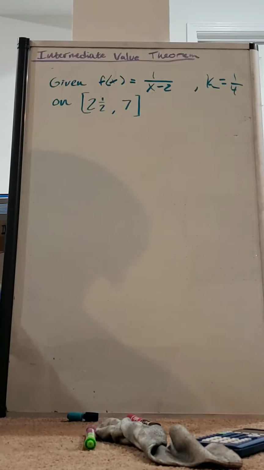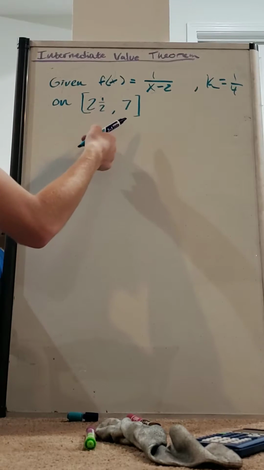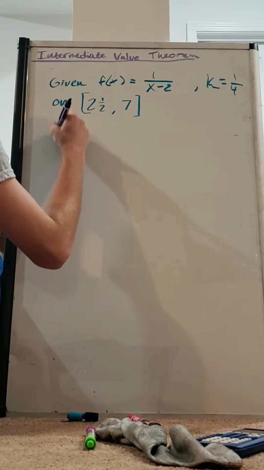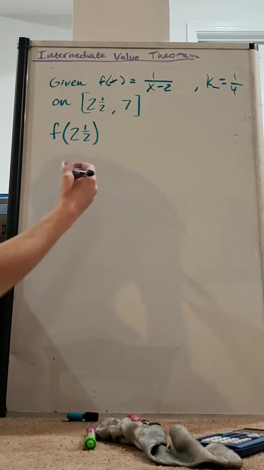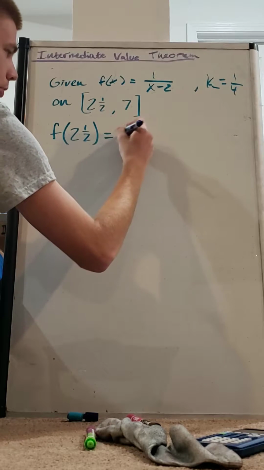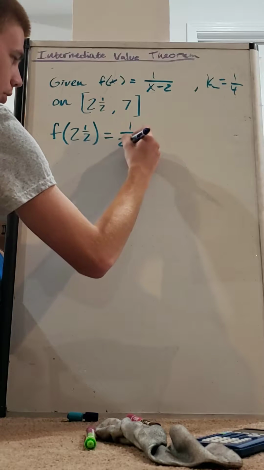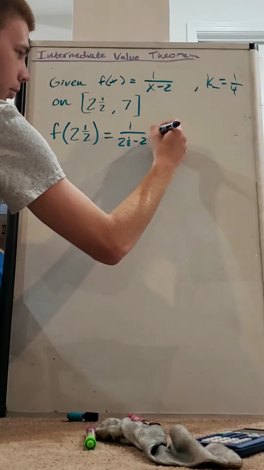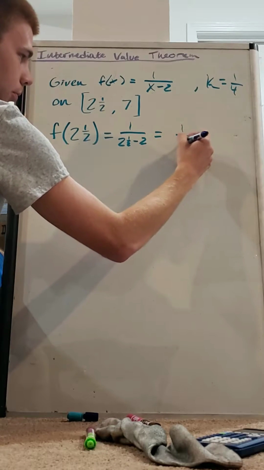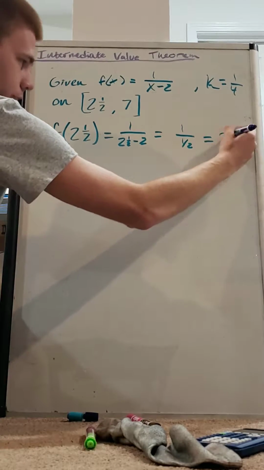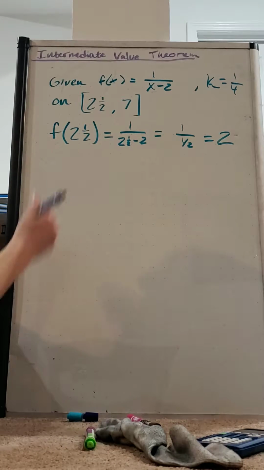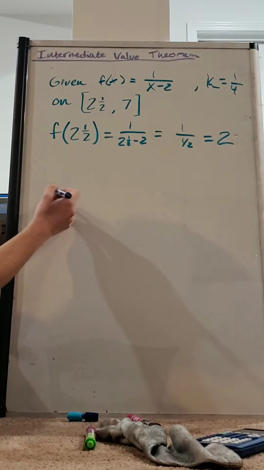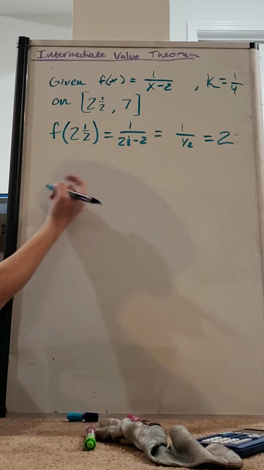So first, the way we do this is we check both the endpoints. So we plug in f of 2.5, that's our starting point. So that's going to be 1 over 2.5 minus 2. So that's 1 over 1/2, which is just 2. So that means the leftmost endpoint on our graph that we draw is at y equals 2, right?